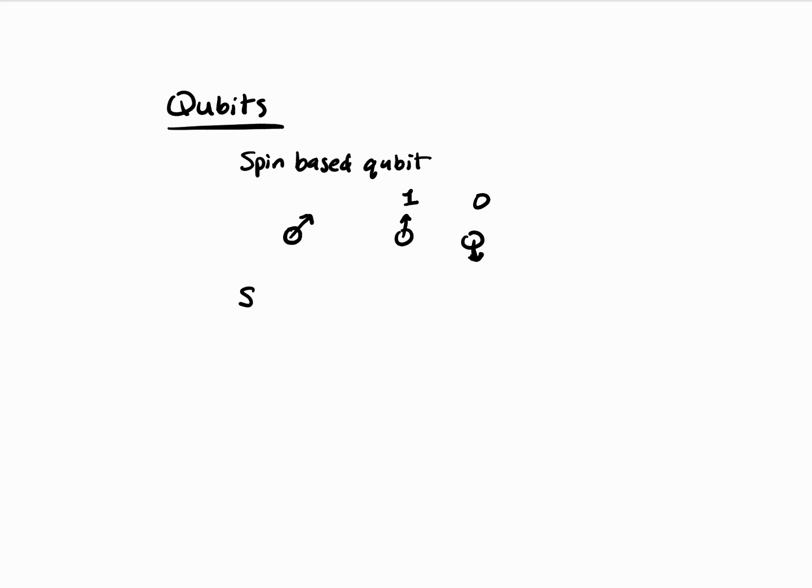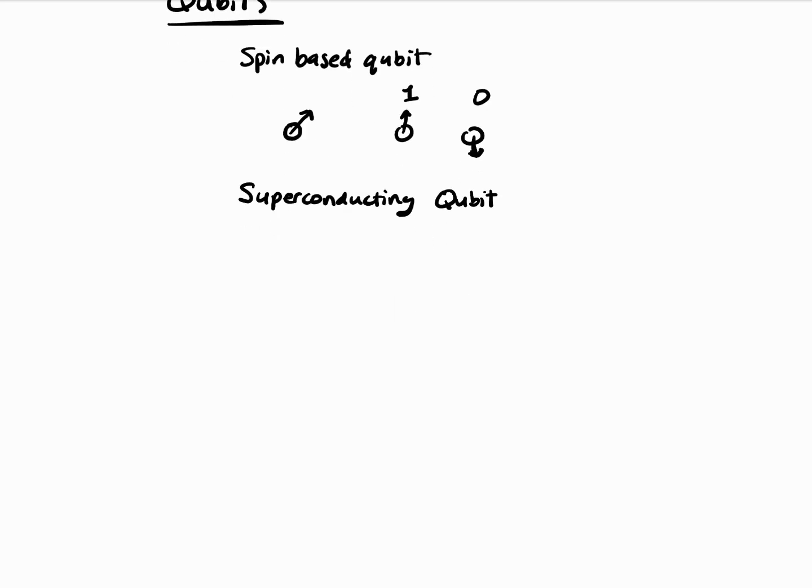Another option is something called a superconducting qubit. Now, in these qubits, you use something called a superconductor, and you can create a little loop of superconducting material.